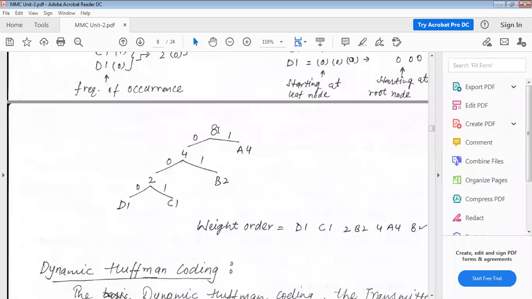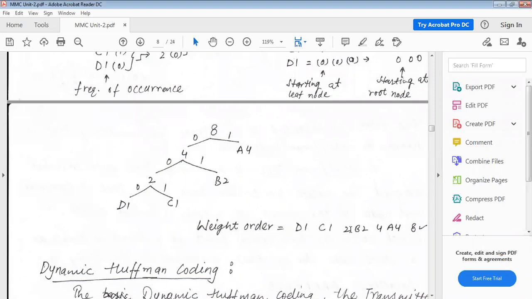We have four characters, A, B, C, D. So that is why I will write 8 here. So maximum 8, 4, 2, 1. So for that I will write 8 here, 4, 2, 1. Okay. So weight order can be calculated like this. D is 1, so D1, C1. Next, 2B2.